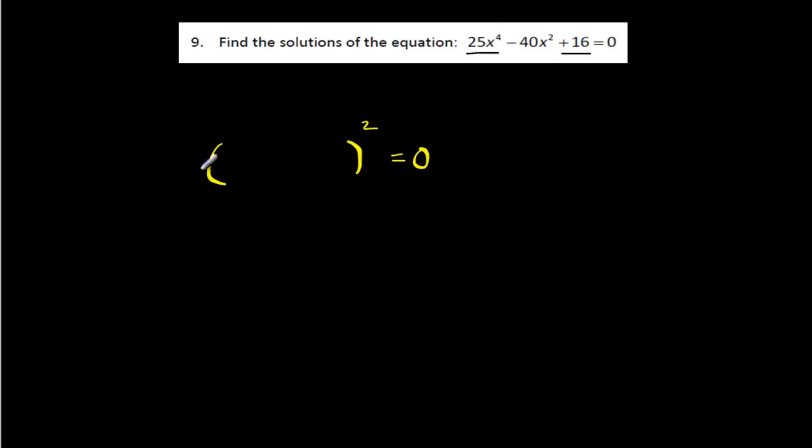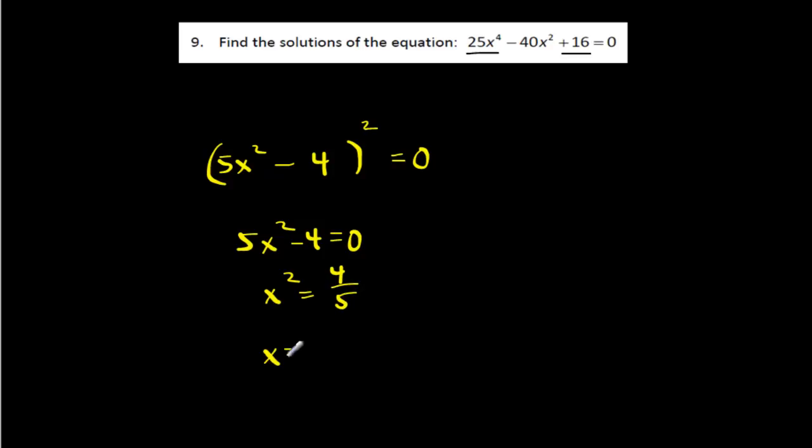Well, the square root of that is 5x squared, so you put that in the first one. You take that sign, put it in the middle, then you take the square root of 16 and you put that here. Then we want to solve for this. So 5x squared minus 4 equals 0. If you add 4 and divide by 5, you get x squared equals 4/5. Then when you take the square root of both sides, you get positive negative root 4/5.